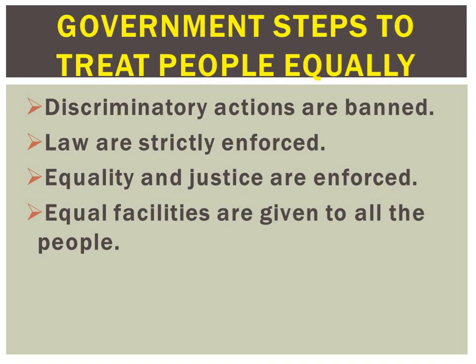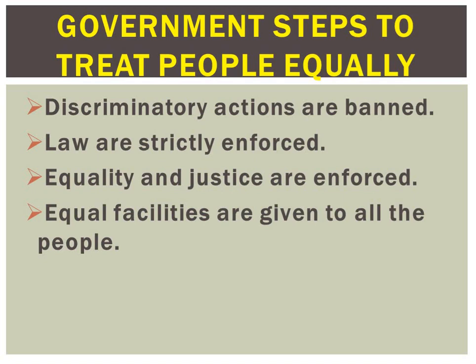So discriminatory actions are banned. Laws are strictly enforced, so that equality can be created. Equality and justice are enforced. Equality and justice are the key elements of democratic government.